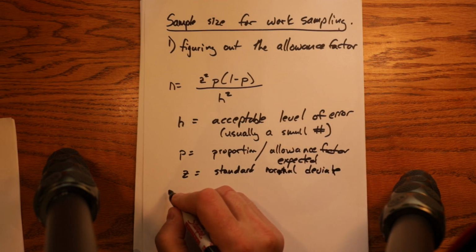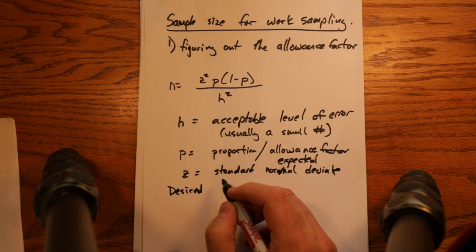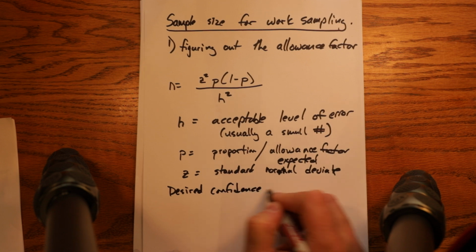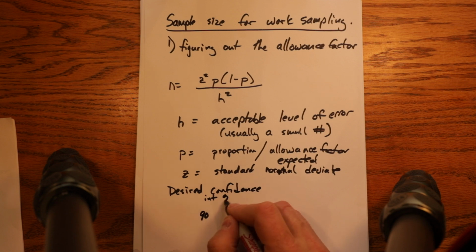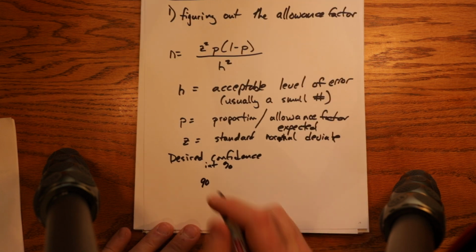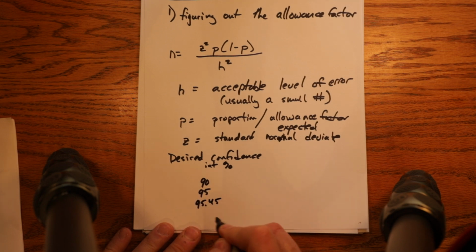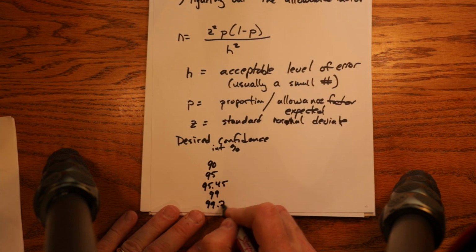And if you look at the desired confidence interval, which you would be given, 90%, 95%, 95.45%, 99%, and 99.73%.